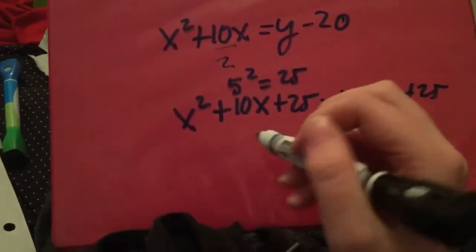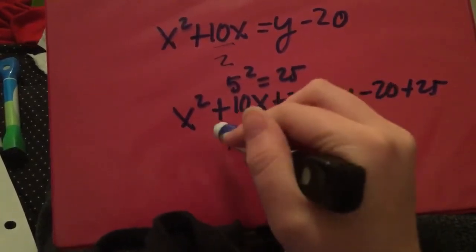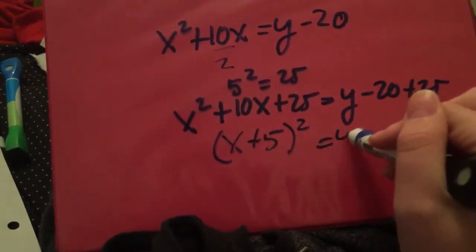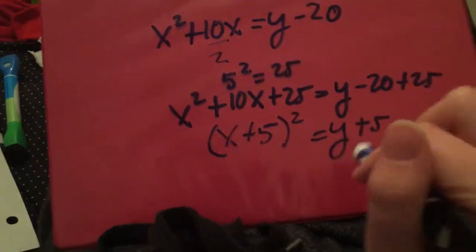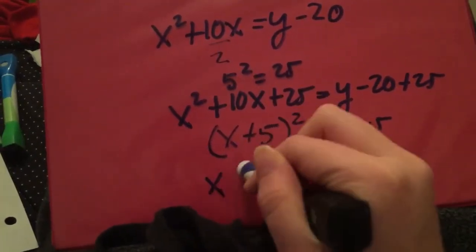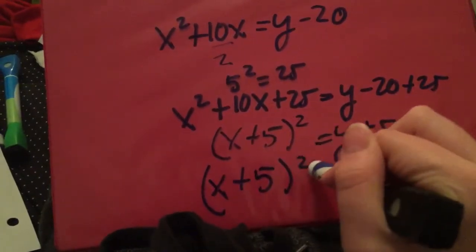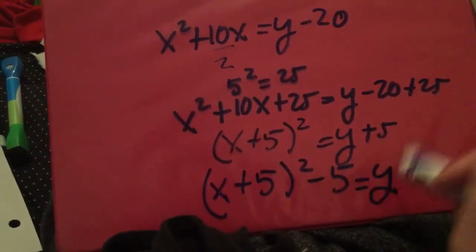Okay, now you're going to simplify, which should be x plus 5 squared equals y plus 5. And now you're just going to subtract the 5 to put it in vertex form. And so your final answer is x plus 5 squared minus 5 equals y.